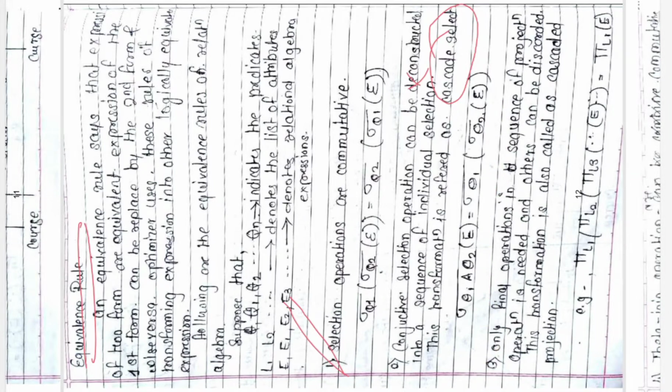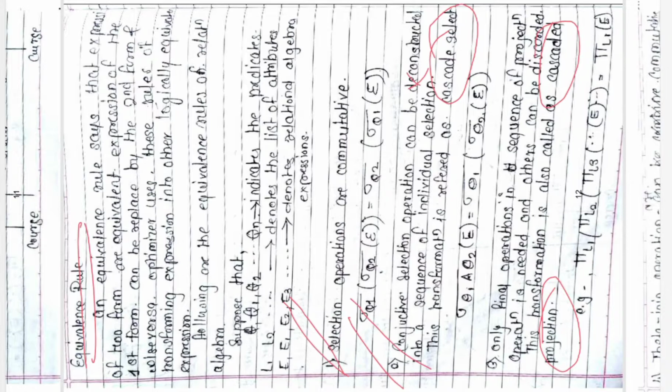Then the third rule is there. The third rule says that only the final operation in a sequence of projection operations is needed and the others can be discarded. This transformation is also called cascaded projection. Now as we have cascaded select, in the same way we have cascaded projection. What is the difference? The same we can apply.